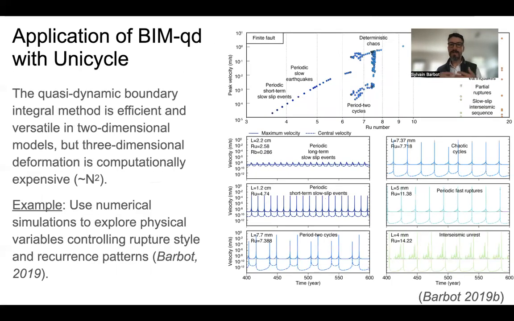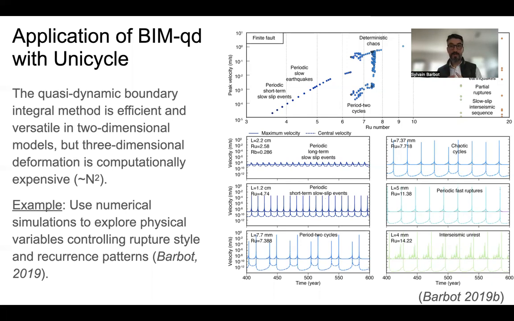So there are many examples of this method. This one was provided by myself and shows application of these methods for two-dimensional problems, for which it is quite efficient. That documents the change in rupture styles and recurrence patterns as a function of physical properties of the system.